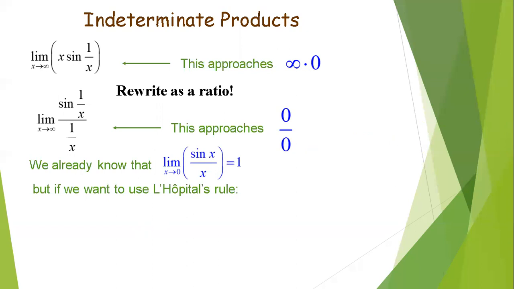But if we want to use L'Hopital's rule, the limit as x approaches infinity of sin(1 over x) over 1 over x, we get the limit as x approaches infinity of cos(1 over x) times minus 1 over x squared, over minus 1 over x squared.